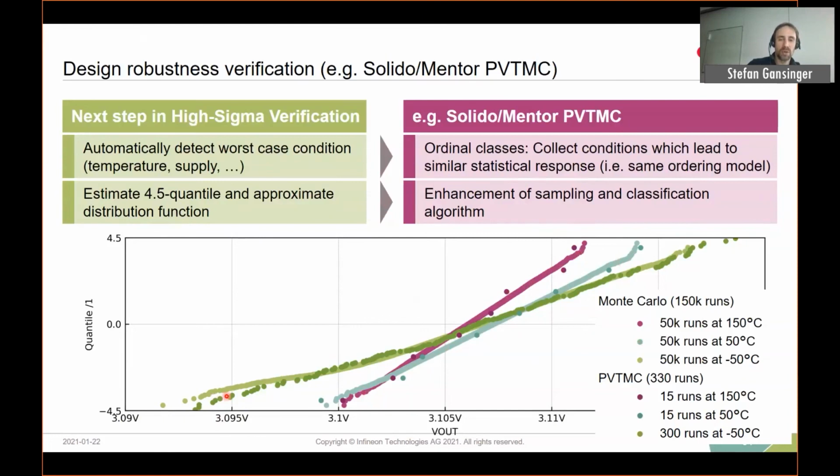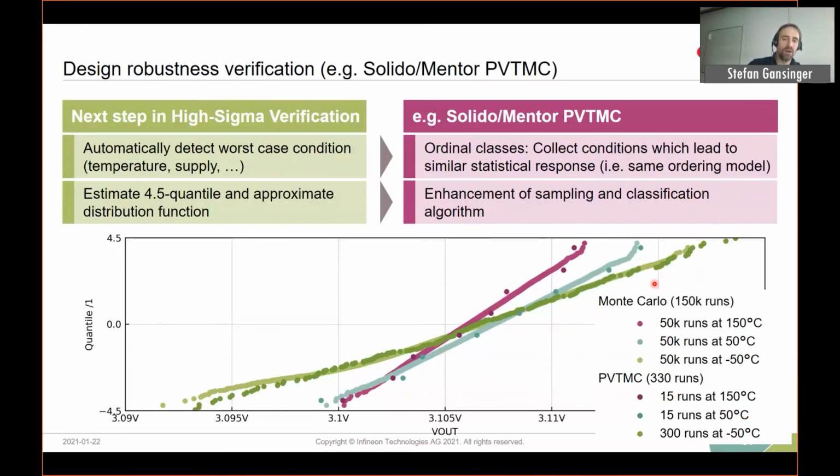If we simulate this circuit in PVT-MC, the tool requires only 330 runs, which is really a low value, I would say. At hot and at room temperature, only 15 runs are done. So these are just dots to roughly estimate the distribution. As this is not the worst case, the simulation runs are reduced to a minimum. The worst case condition, which is minus 50 degrees, is simulated with 300 runs.